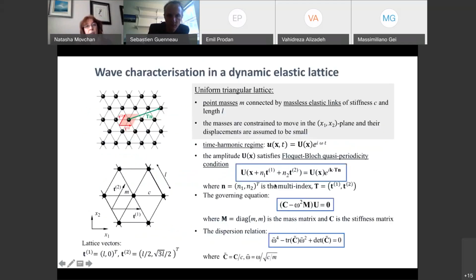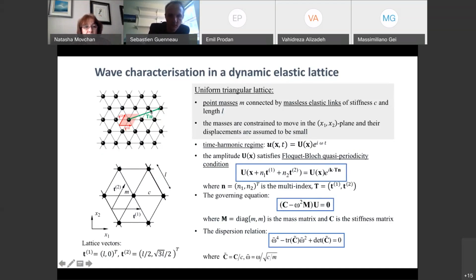So to begin with, let us start with the triangular lattice, part of which is shown here. We have just a simple infinite periodic triangular array of point masses, which are connected by these elastic links.